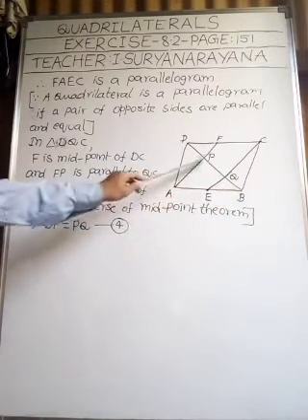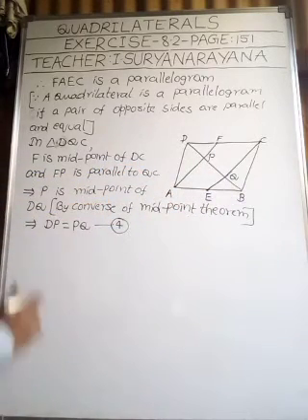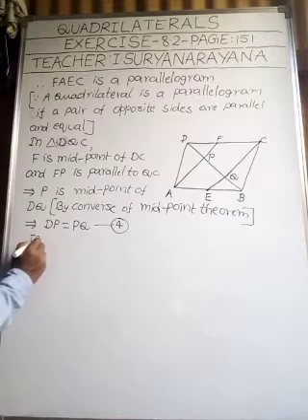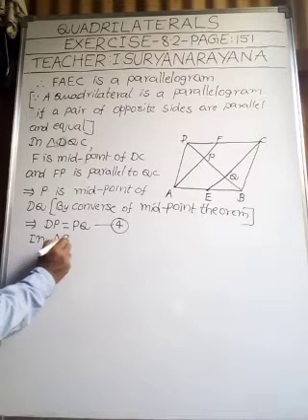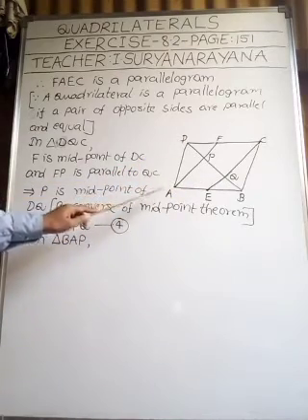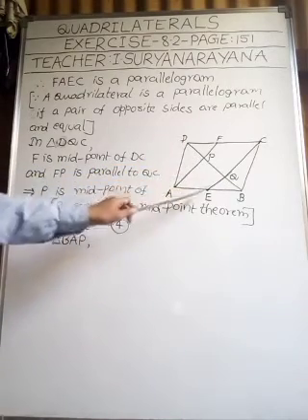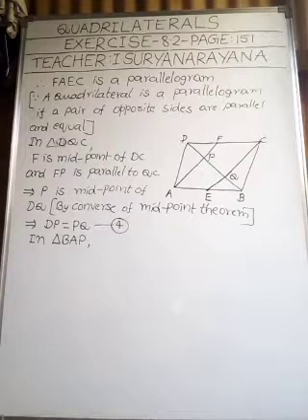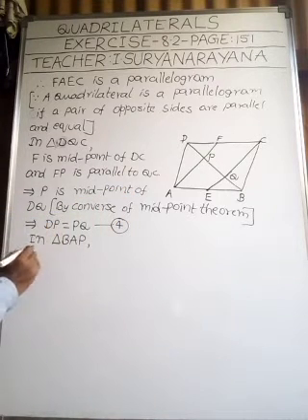In triangle BAP, here AP is parallel to QE, and E is the midpoint of AB.